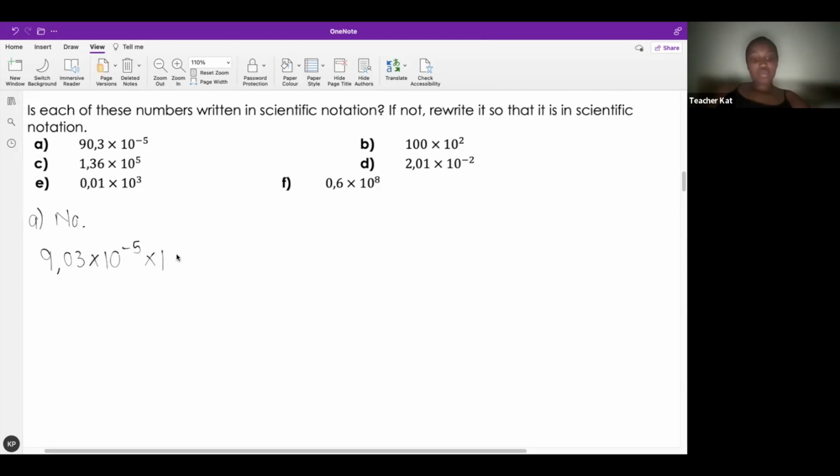And now we just move the comma. So I'm putting another times 10. Did we move it left or right, guys? We moved it left. How many times? Once.